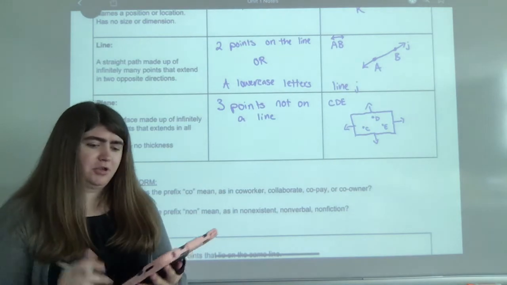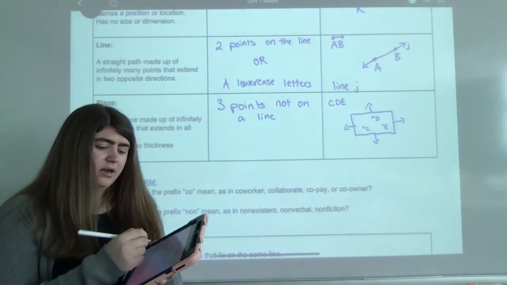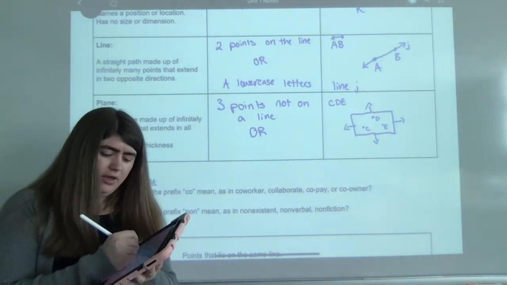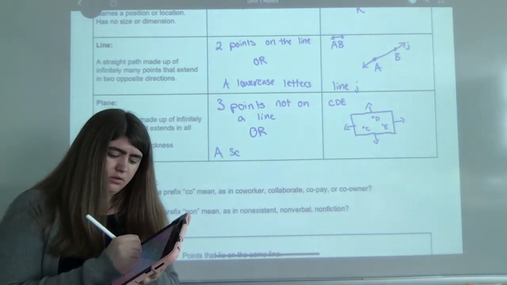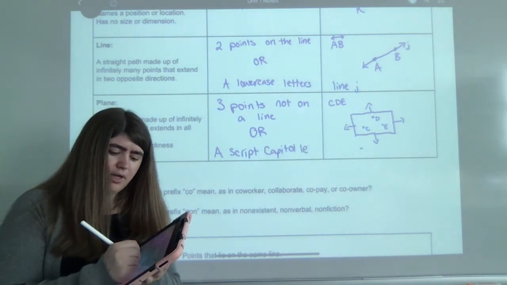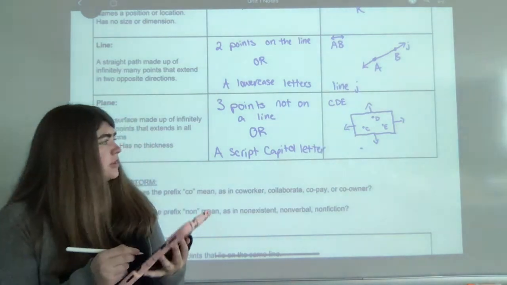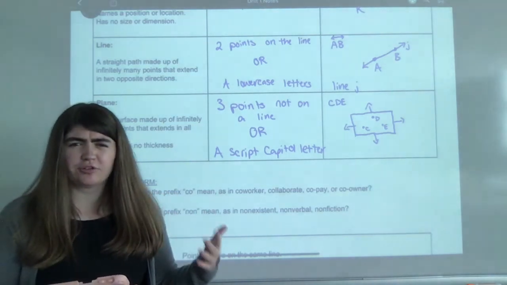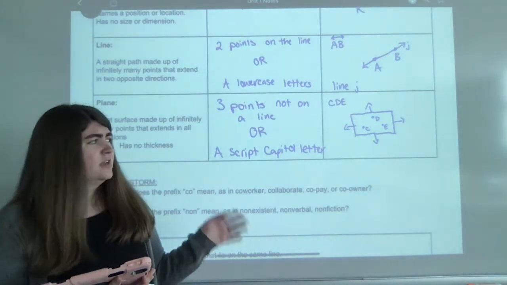The other option, so we have 3 points not on a line, or to name a plane, you can use a script capital letter. You might be wondering what a script capital letter is. The best way I can think of to explain it is to think of cursive letters. They're a little more fancy.